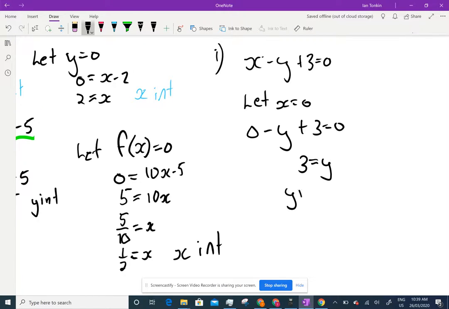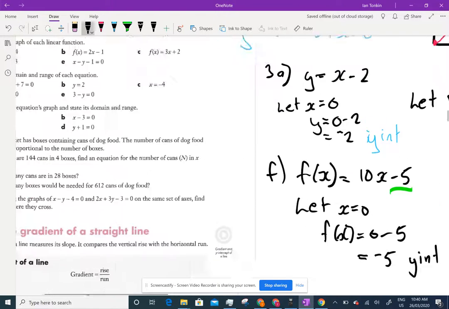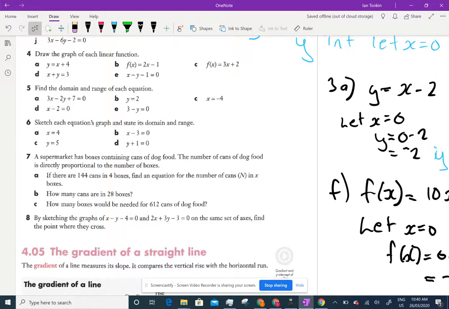That's the y-intercept. And if I let y equal 0, I get x minus 0 plus 3 equals 0. x plus 3 equals 0. I'll take the 3 over the other side. x equals negative 3. And that's the x-intercept. Okay, so the x and y intercept, just let x and y equal 0.